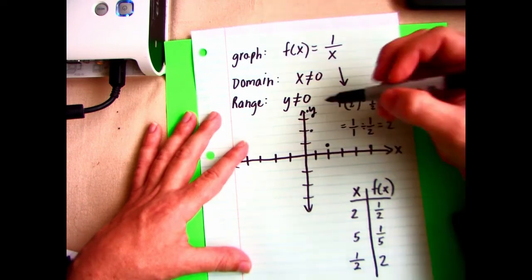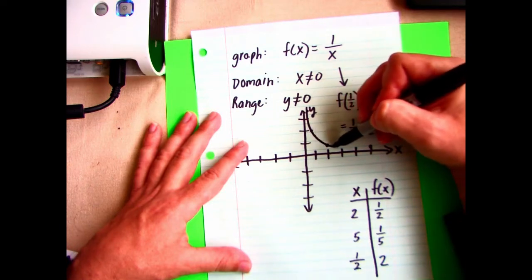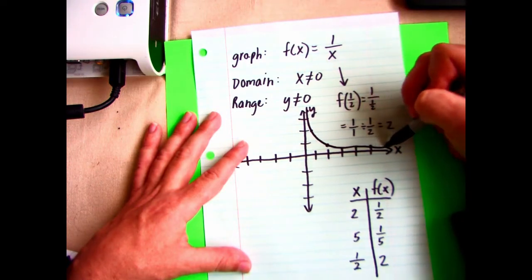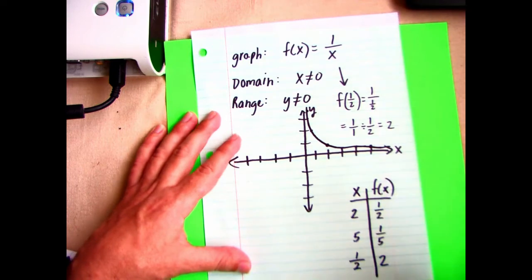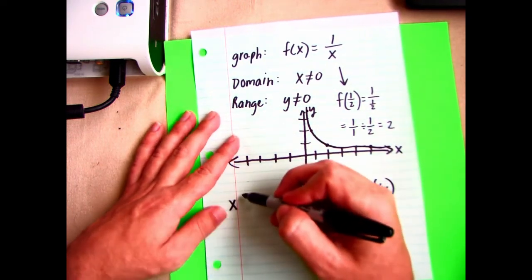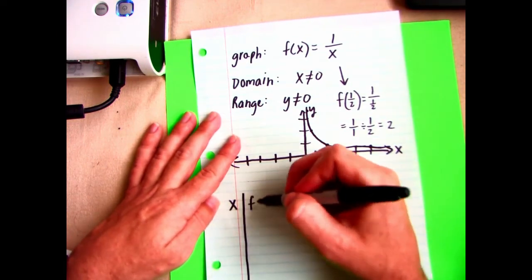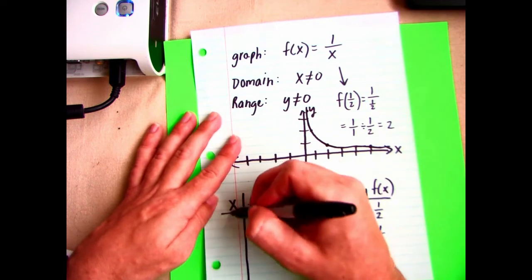So here's how it's going to look like in this top right corner. The graph won't cross those axes because those are my asymptotes. So it's going to approach those asymptotes, those axes, but never cross. So it's kind of stuck in that upper right quadrant.